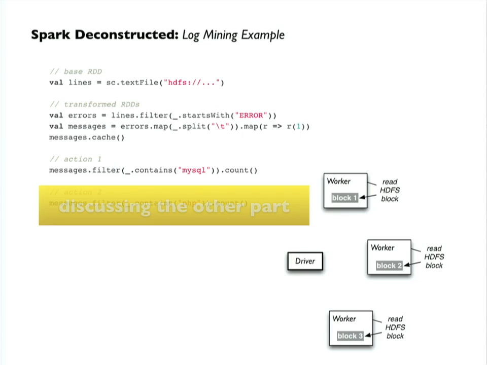It says the transformed RDD messages is something I'm going to reuse, so I want to try to checkpoint it in memory so that I can reuse it multiple times. Here I've got two different use cases for it, action 1 and action 2. I'm telling Spark I have a notion of branching the graph there, and if possible I'd like to keep that around. It may be that I don't have enough memory on all the nodes to do that, but at least it will try.